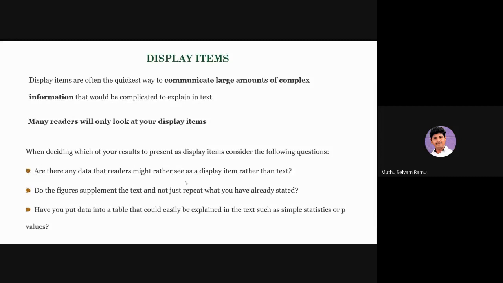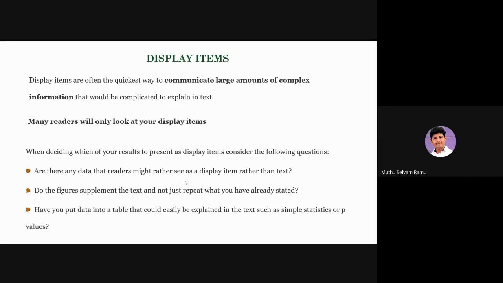Here I am going to explain what display items we can use and how to make each item. This is the important content of this presentation. Just note from these slides that there are two types of display items we can use in an article, figures and tables, as I mentioned earlier.